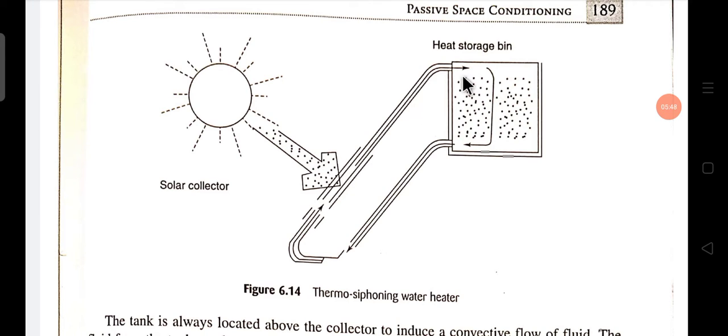Due to this difference of density, the low density water tends to go upward, above the high density water. In this process the water goes upward naturally from the collector again to the storage. So this is called a thermosiphoning water heater.